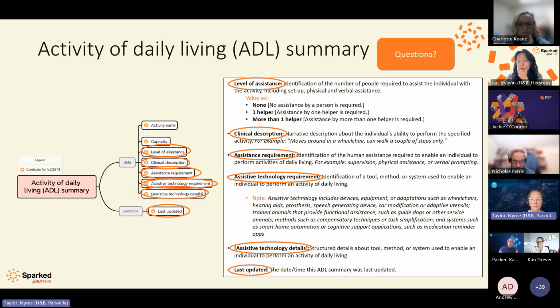For example, if they suffer from sundowner syndrome, and at 5 o'clock they need some human assistance to guide them so that they are able to be cared for appropriately in the nursing home. It's that sort of thing that we wanted to be able to record so that we can get it consistently within electronic records. So, yeah.